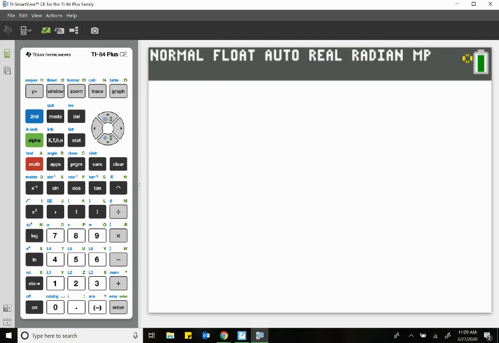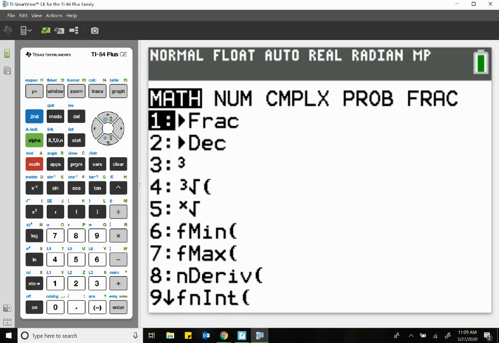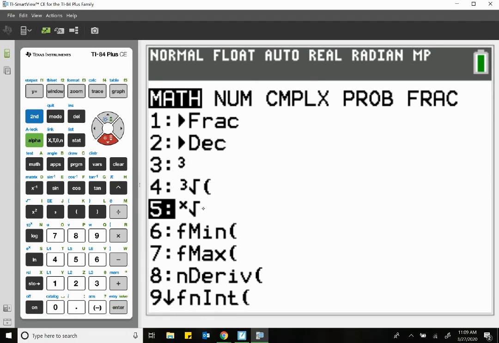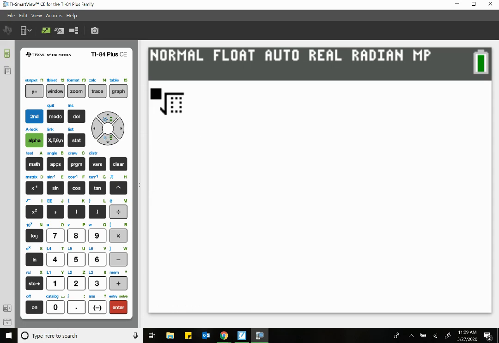If you click on math and right down here, number 4, there's a cube root, but I want to talk about number 5 because I like number 5 better than just choosing number 4. Because number 5 will let you do any radical that you want. So you click on number 5, see right up here it's blinking. Right in here, you just put the number of your root. So if it's a cube root, you can put 3 there. Or if it's a fourth root, you put 4 there.